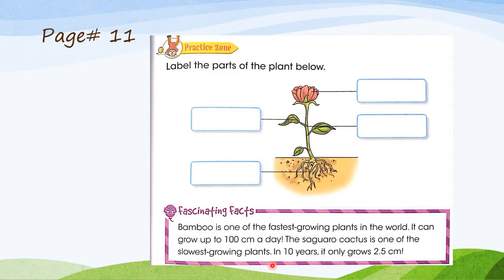In 10 years, it only grows 2.5 centimeters. So, which is the fastest growing plant? Bamboo. Again, which is the fastest growing plant? Bamboo. And which is the slowest growing plant? Cactus. Saguaro cactus.